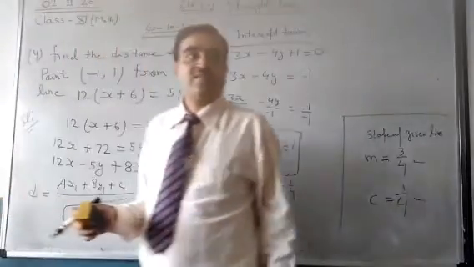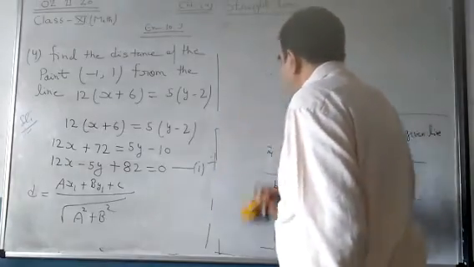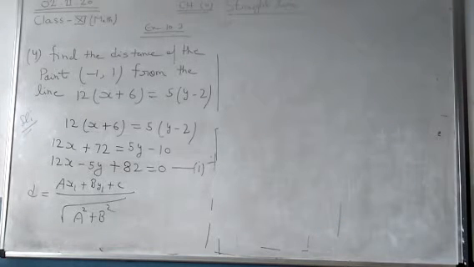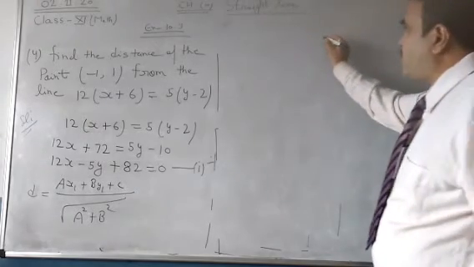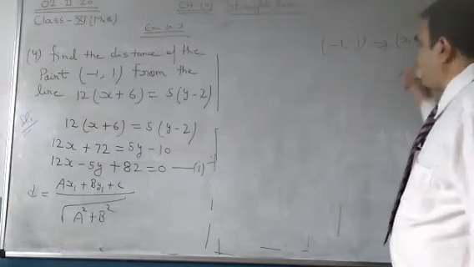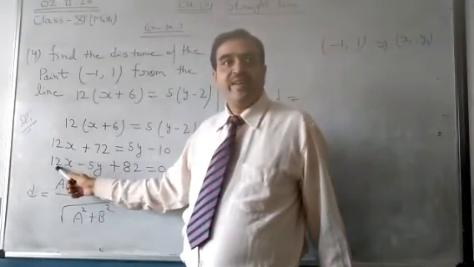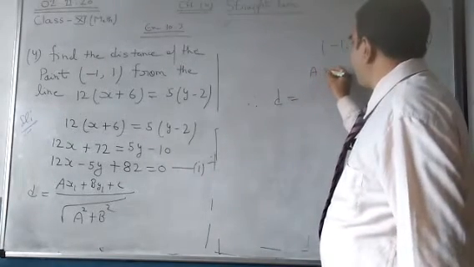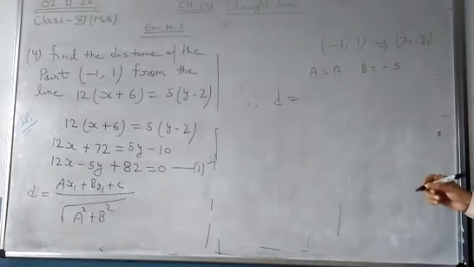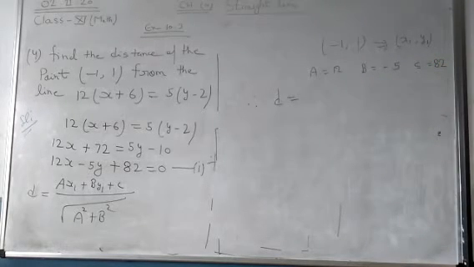Therefore, here capital A is equal to 12, capital B is equal to minus 5, and C is equal to 82.